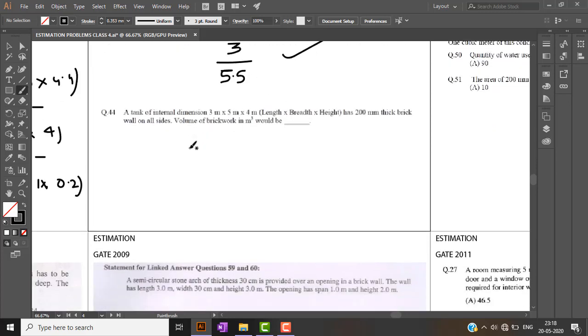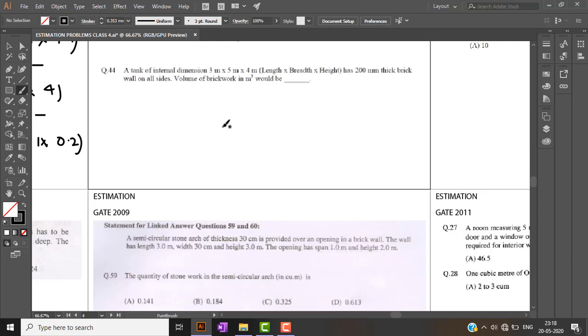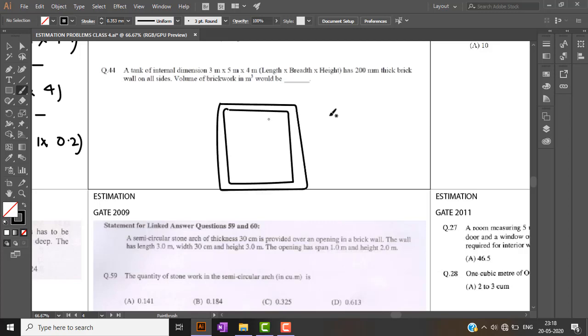So the next one is a tank of internal dimension. It's very similar to the question in GATE 2014. Right now we saw that it's 3 into 5 into 4. It has 200 mm thick walls, which means 0.2 meter wall thickness. So internally it's 3 into 5, externally it will be 3.4 into 5.4.